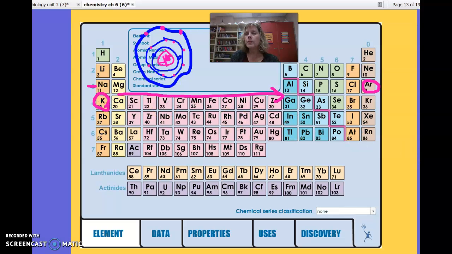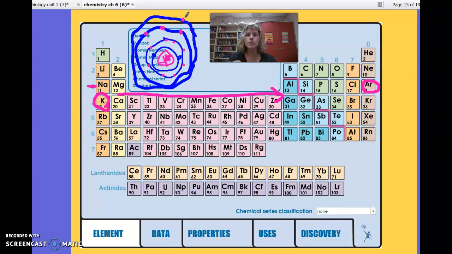Well, this becomes filled, with 8 valence electrons with argon. I'm not going to draw them all because nobody wants to see that. But I add a whole new energy level with potassium with 1 electron in. So now it jumped up a size.